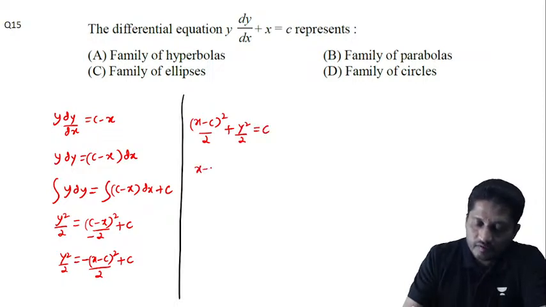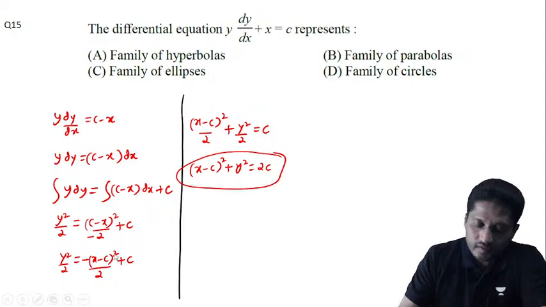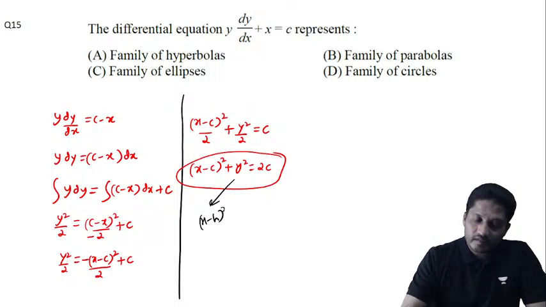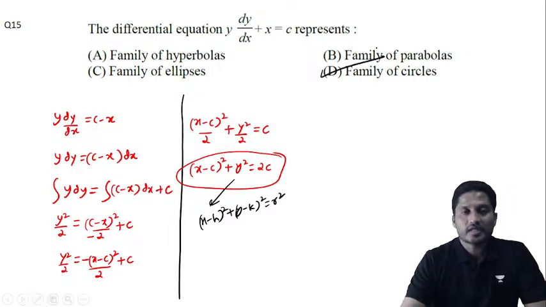If you multiply by 2, you get (x minus c) the whole square plus y square is equal to 2c. Now this is of the form (x minus h) the whole square plus (y minus k) the whole square is equal to r square. It should be a family of circles. Answer is option D.